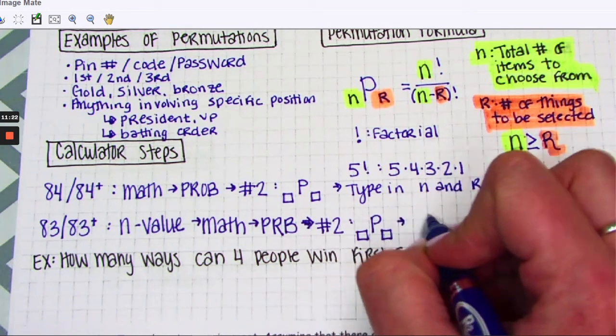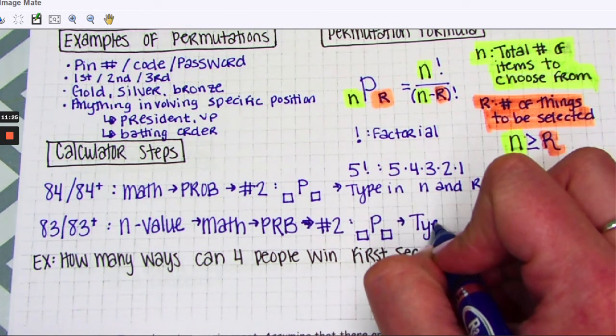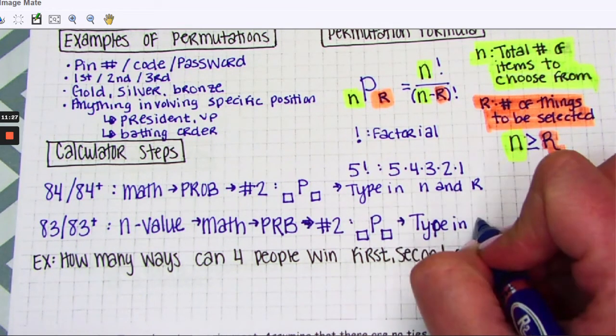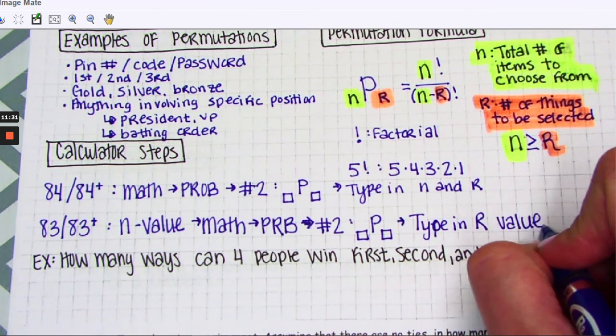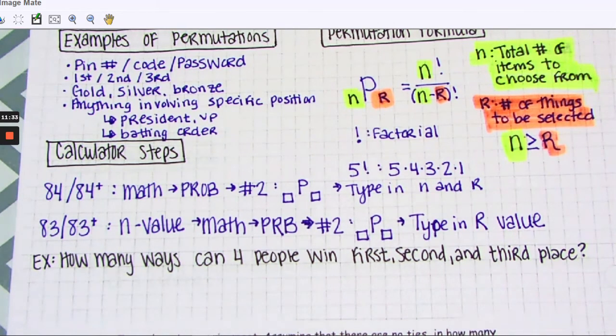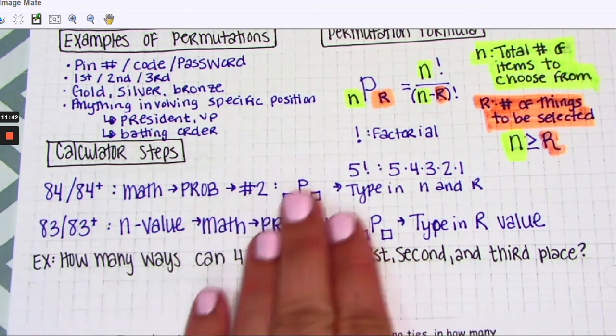And then you type in R. So the pattern in which you do it is a little bit different. You put the N value first, then pick permutation, then type R, versus the newer ones just let you type them in.